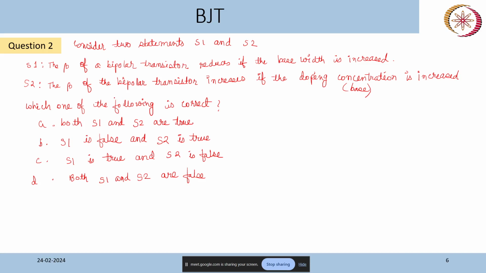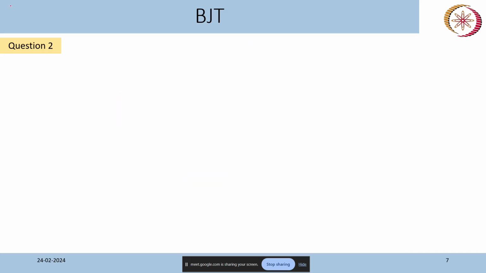Okay, let's go through the answer. We want to know the relation between beta and the device parameters. What are the device parameters?